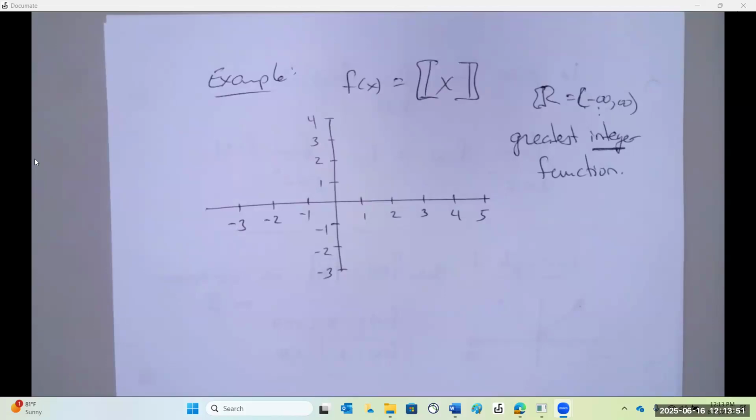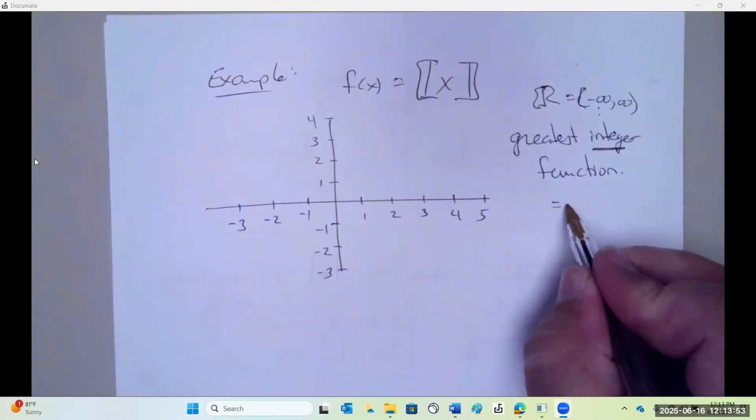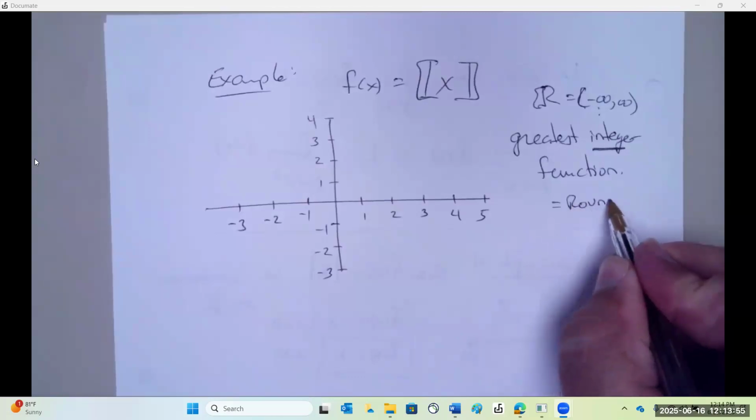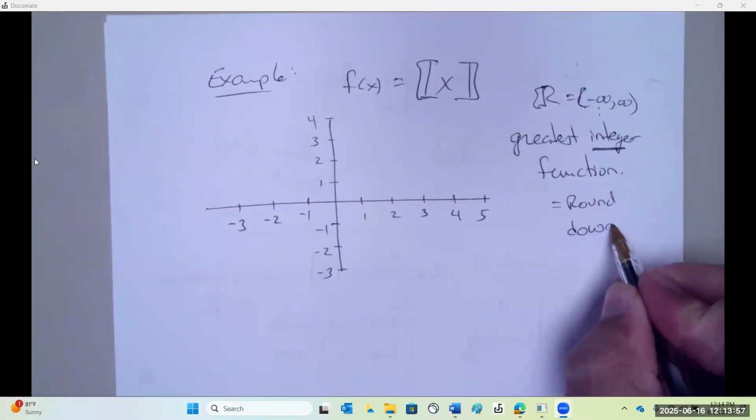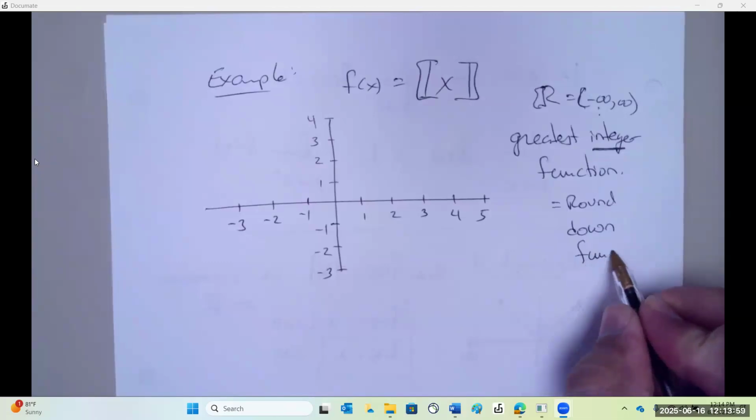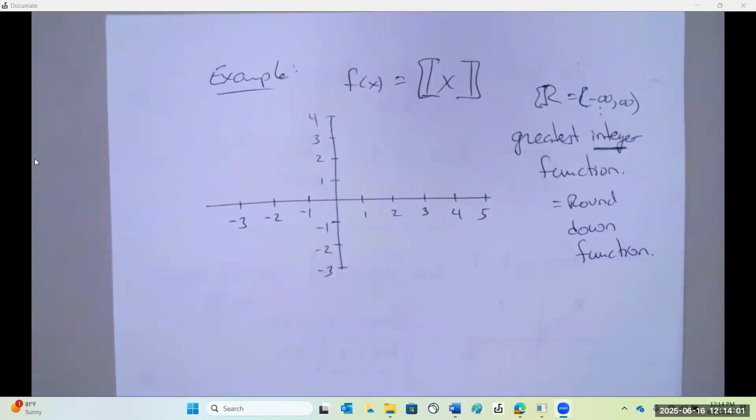What helped me memorize this formula, which I call the round down function. For any x positive to the right of 0, truncate the decimals.